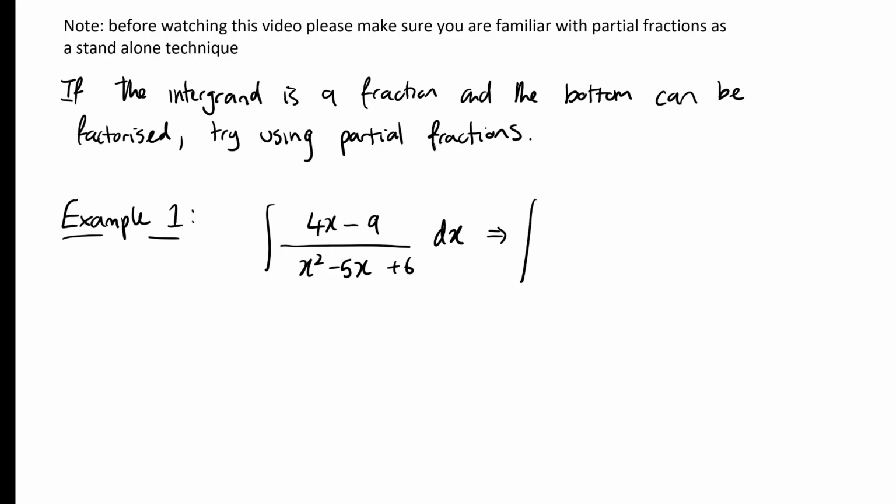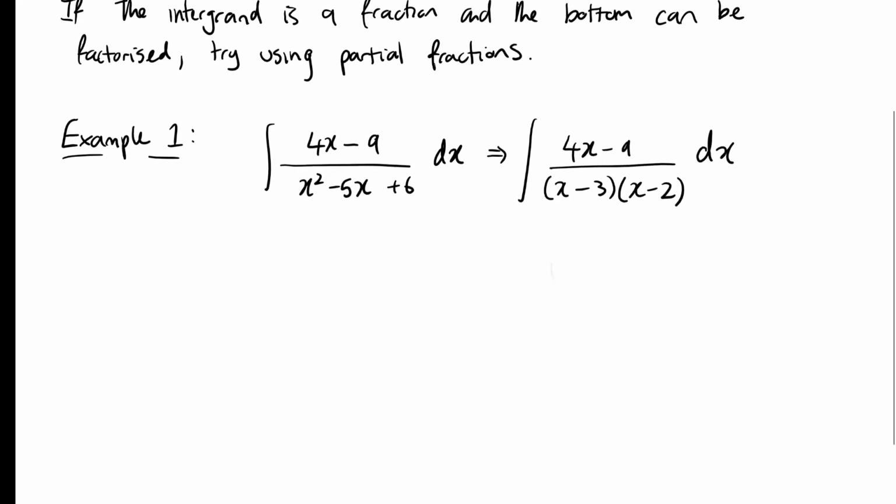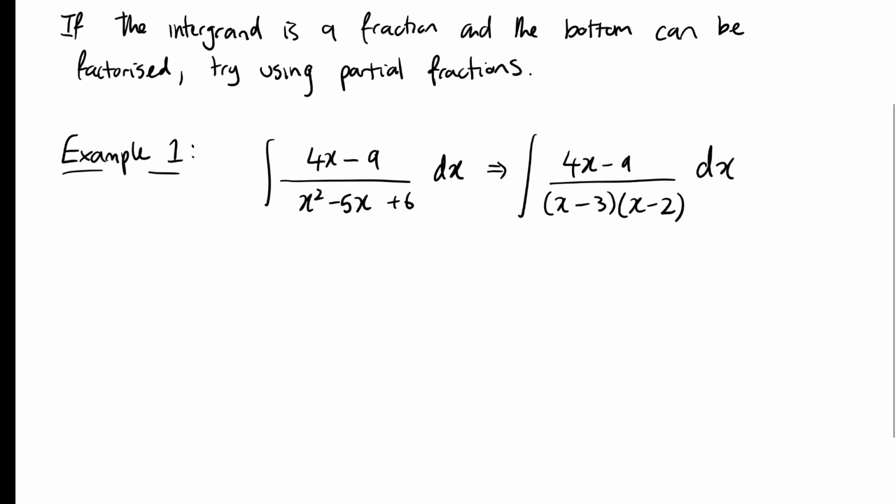The bottom of this can be factorized and written as x minus 3 times x minus 2 dx. As it's factorizable, it fits the criteria stated above, so we should have a go at rewriting the integrand, this part here, by using partial fractions.